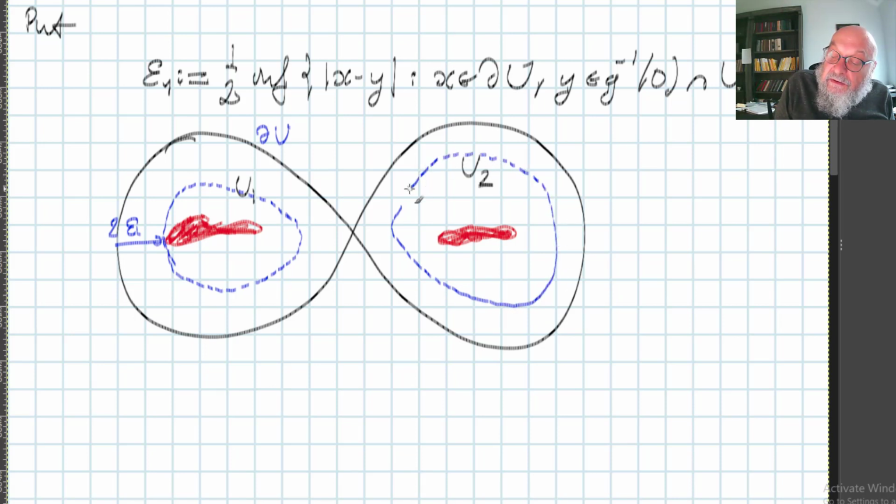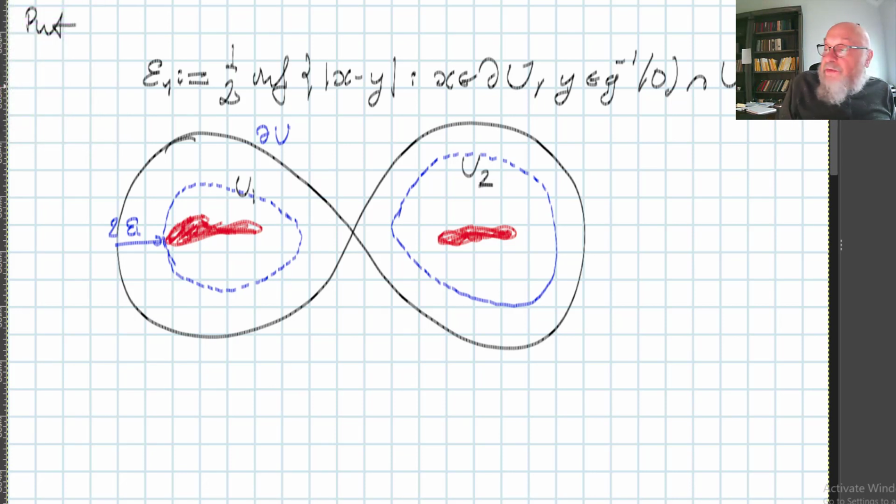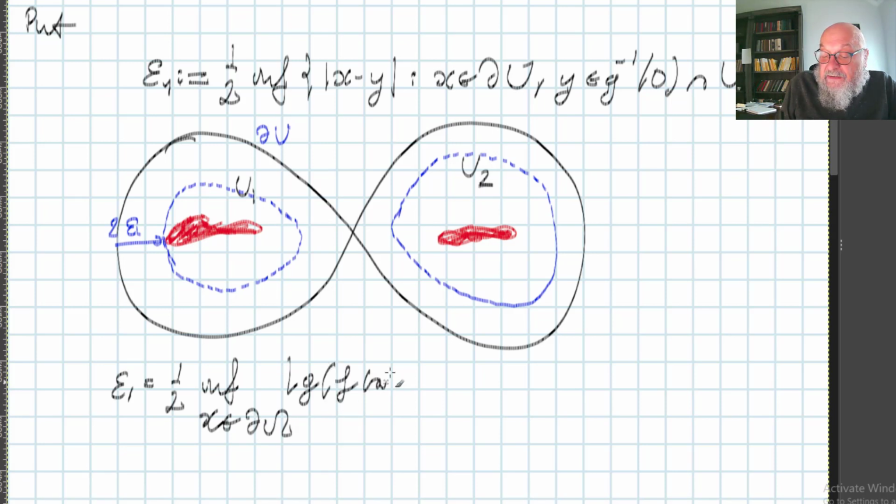So very good. Also we put epsilon 2 equal again 1/2 times the infimum, x belongs to the boundary of omega, of the absolute value of f of x, and that one is larger than 0 as well.